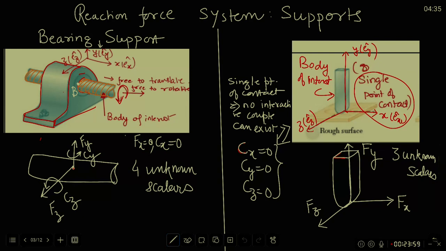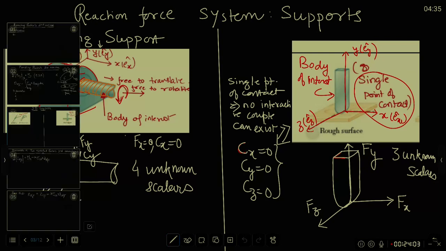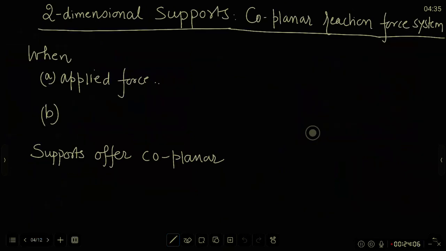And now I am talking about two-dimensional support. Two-dimensional supports will generate coplanar reaction force system. When do we use two-dimensional supports? When the applied force system is coplanar, and we know that the motion of the RB is planar.